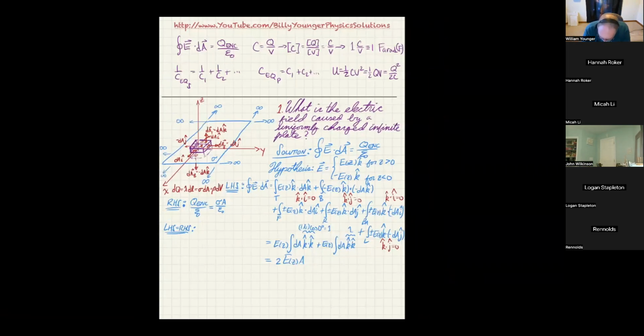So the left-hand side we found was 2E of z A, and the right-hand side we found was sigma A over epsilon naught.